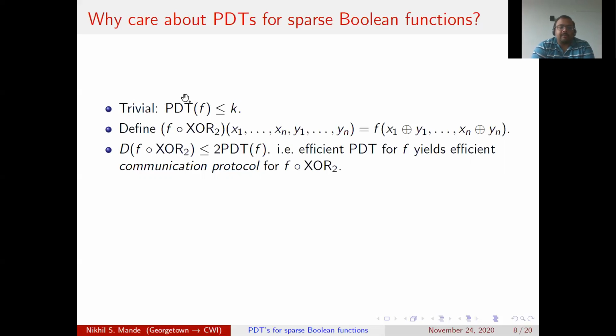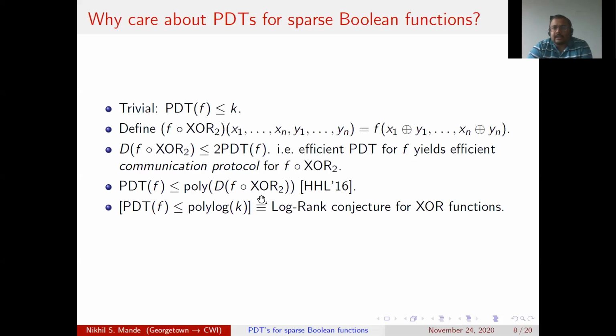So if we have an efficient parity decision tree for f, this immediately yields an efficient communication protocol for f of xor. It's fairly straightforward to see. I'll not go over the proof now. It's not that hard. And the other direction, recently Hatami, Hosseini, and Lovett proved that given an efficient communication protocol for f of xor, you can actually extract an efficient parity decision tree for f.